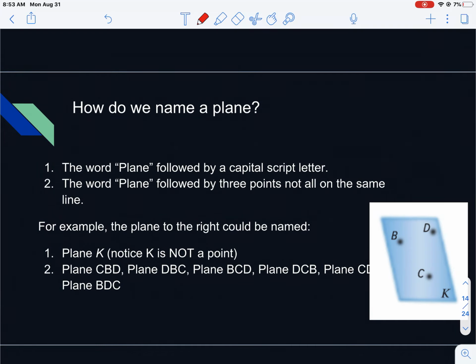Or you can use 3 letters, but they can't all be on the same line. So I've given here plane CBD, DBC, BCD, DCB, that should say CDB right there, and plane BDC. So those are all the ways. So plane, capital script letter, or plane, whatever 3 points not on the same line.